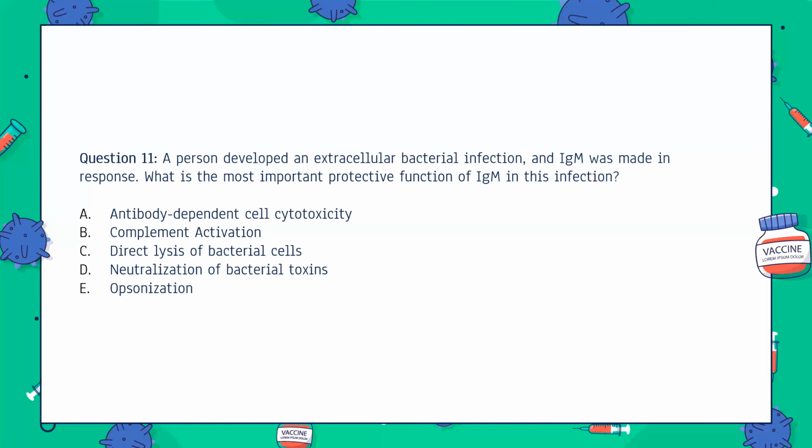Some of you are saying B and some of you are saying C. Okay, let's go over it before I tell you which one's the answer. If we're saying C, we're talking about direct lysis of bacterial cells. What makes this happen? What directly lyses a bacterial cell?